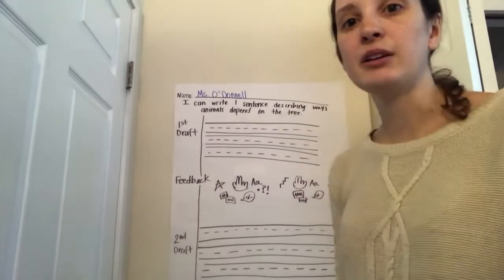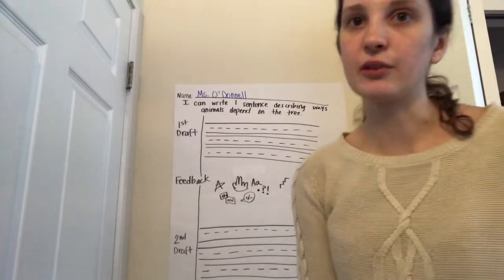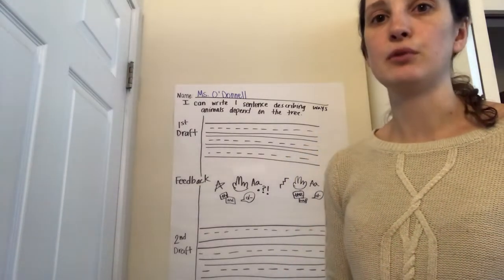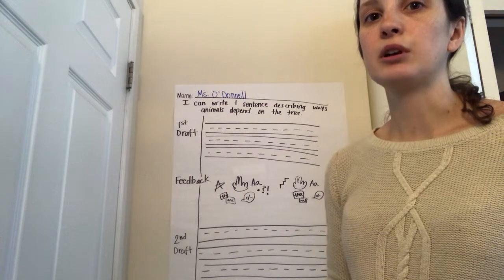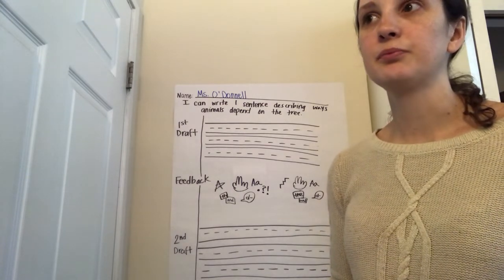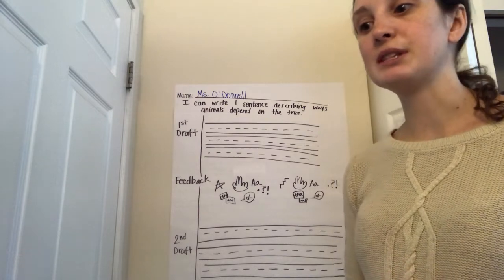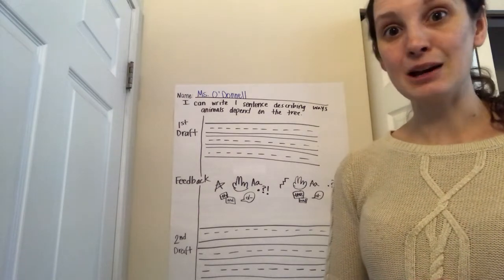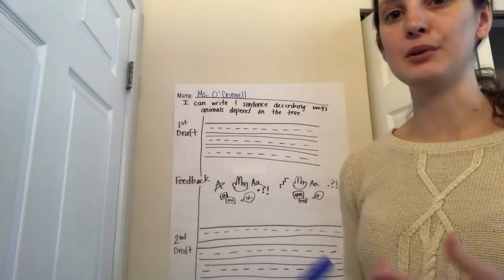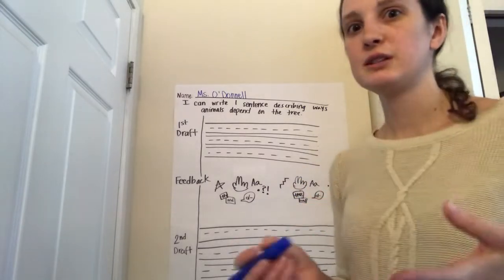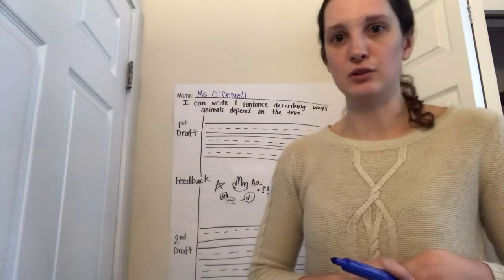And this time I want you to see if you can add an adjective to describe the squirrel or the animal, or describe the food they're eating, or describe how they're eating. You also might want to use one of those words for eat that we learned before spring break. I remember we talked about eat, munch, chew. So you might get creative with the kinds of words you use here.